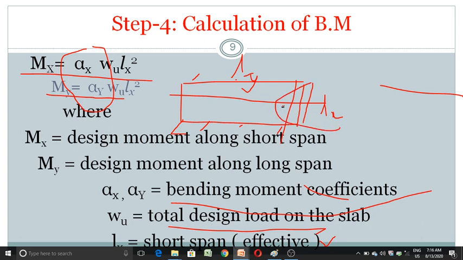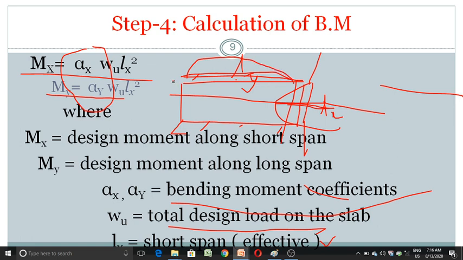So here we have only positive bending moment along the midspan, because there is no continuity in this direction, this direction, or this direction. And similarly, if we draw the bending moment diagram along the y direction, we get a diagram somewhat like this.